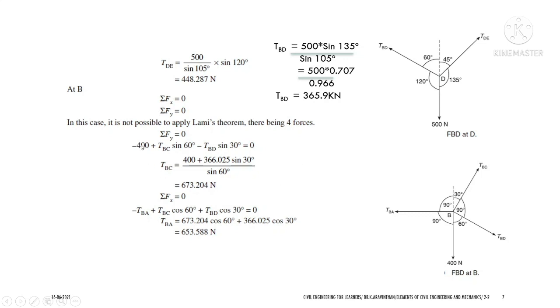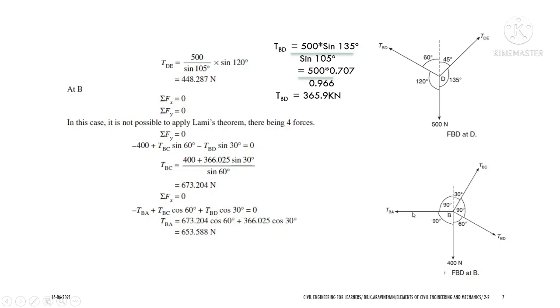So this will become plus, and this will become plus. You can add this and divide it by sine 60. You can get the TBC value, and after simplifying, it is 673.204 Newton.